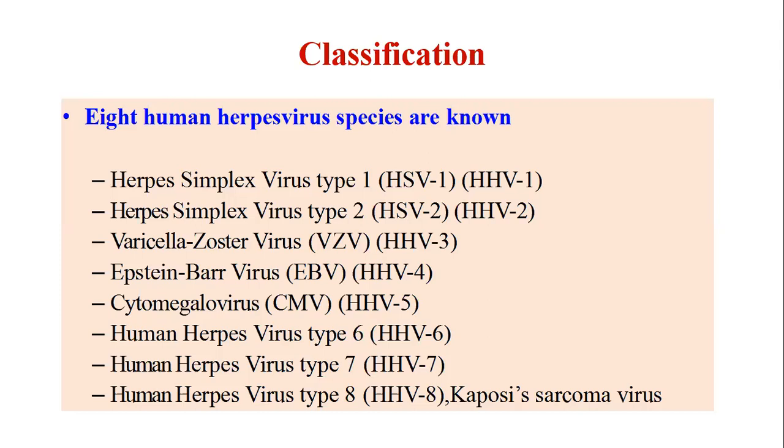HHV8 is also known as Kaposi sarcoma virus. So this is all about the classification of human herpes virus species. These 8 species can cause different types of diseases, which are going to be discussed through this lecture.